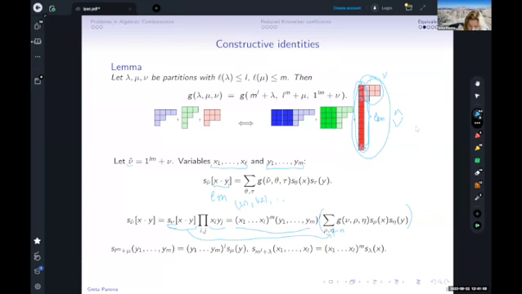And now we also have to evaluate what's happening with the other partitions. So if this is L, this is mu, this is m.